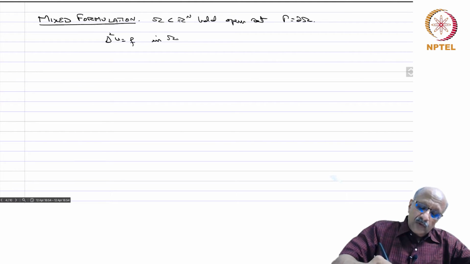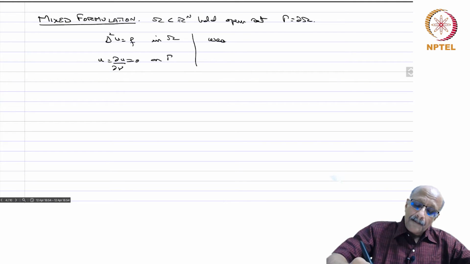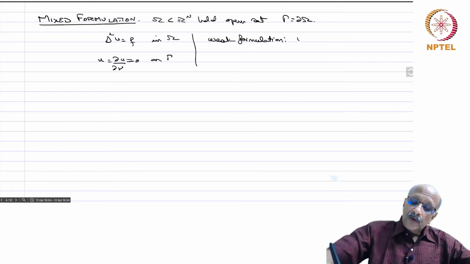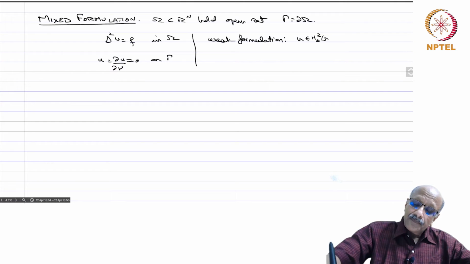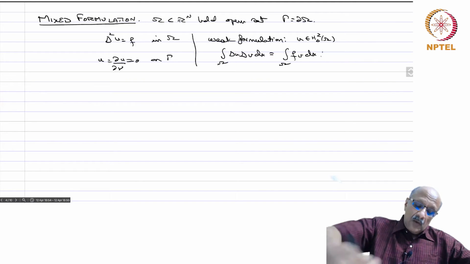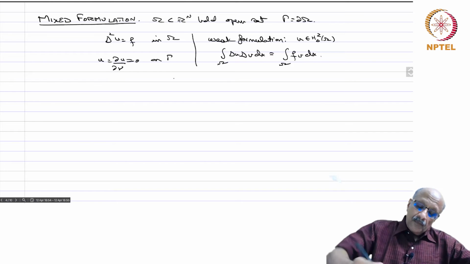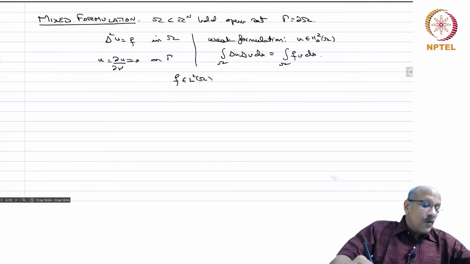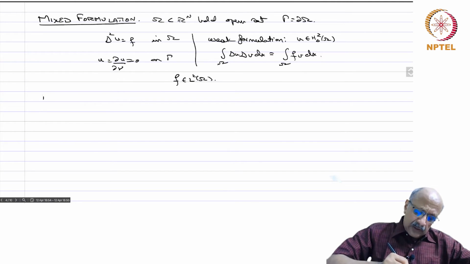This is delta squared u equals f in omega, u equals du by d nu equal to 0 on gamma, and then you have the weak formulation: u in H^2_0 of omega such that integral over omega of delta u delta v dx is equal to integral over omega of fv dx, where f is in L2 of omega. Okay, so now we have the regularity theorem.